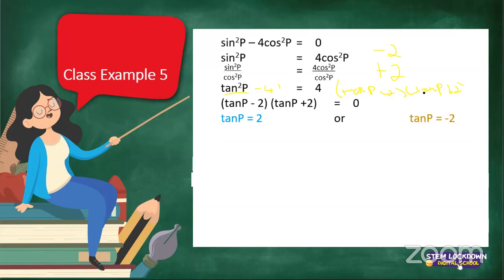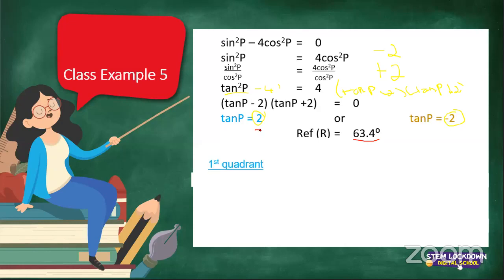Then again, you've got one potential reference angle because you are working with the same number of 2 on both sides. And I'll change pens to red now. Your reference angle is 63.4 degrees in this case. And we are going to say, where is tan positive first?